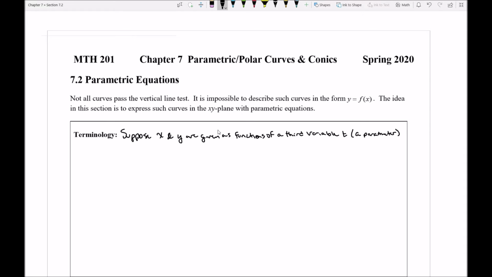Ultimately, what we're saying here is that to describe one of these curves that is not a function, we had some new formula f with t's in it that told us x coordinates, and some other new formula, call it g, with t's in it that tells us y. When we put these things together, we call these parametric equations.